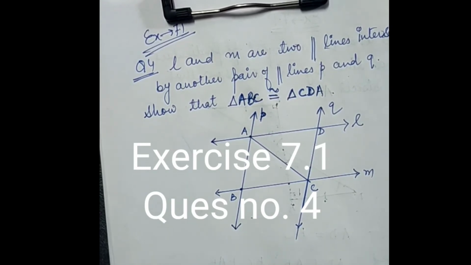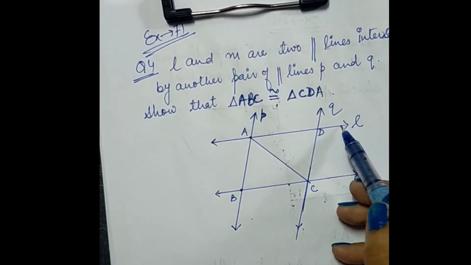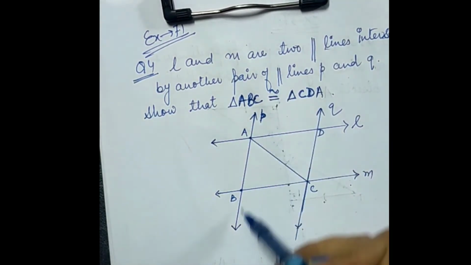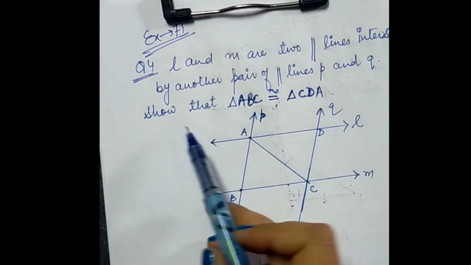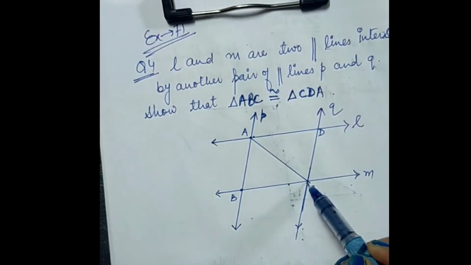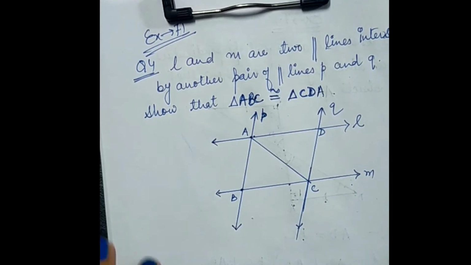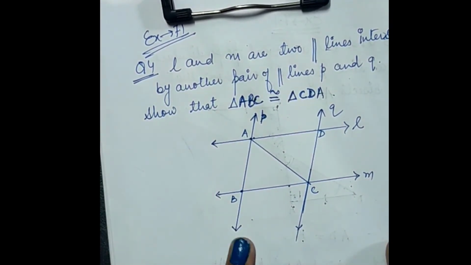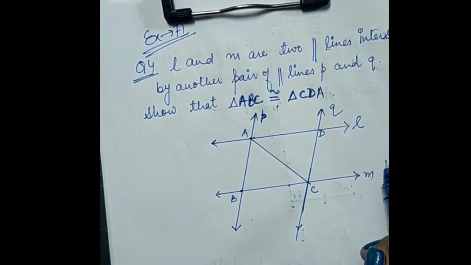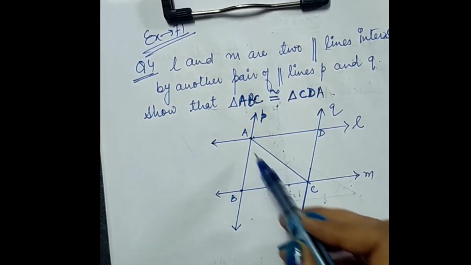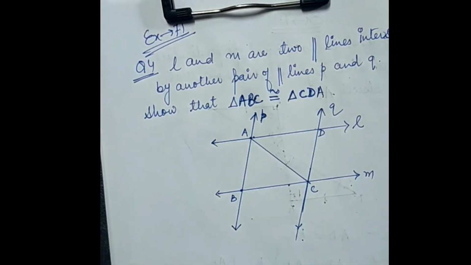Now this is question number 4. L and M are two parallel lines intersected by another pair of parallel lines, that is P and Q. Show that triangle ABC is congruent to triangle CDA. So basically in this question, we can do this through 4 congruencies. Here we cannot use RHS, except that we can use any of the congruencies. So you can take SSS, I am showing it to you.